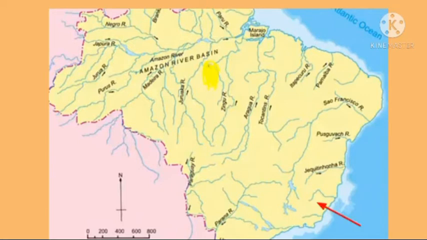Uruguay is the southernmost river in Brazil, you can see here. So the Uruguay, Parana and Paraguay river system lies in the southwest part of the country. The third one is São Francisco, the third important river of Brazil. You can see the São Francisco river in this map.